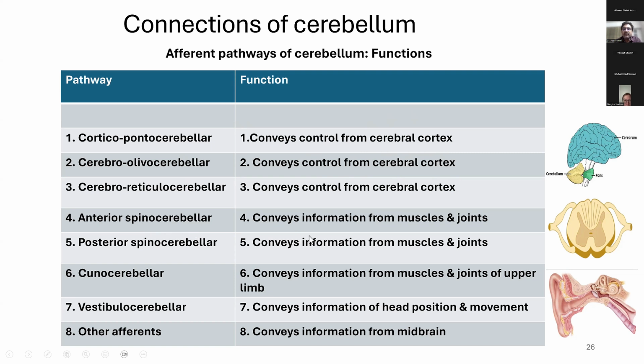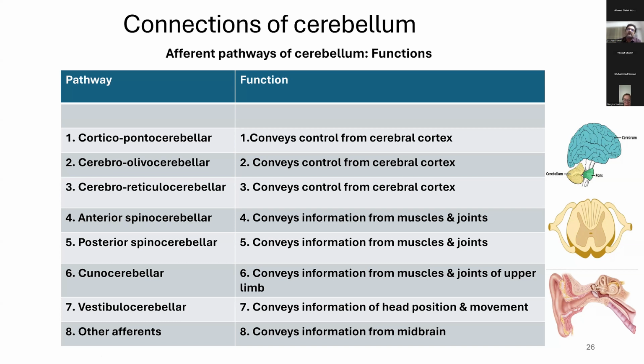Now we move to the 4th and the 5th one. As the diagram shows, this is the cut section of the spinal cord, so the information coming in through these tracts is from the spinal cord, from below. The anterior spinocerebellar and the posterior spinocerebellar tracts are there. The anterior one conveys information from the muscles and joints.